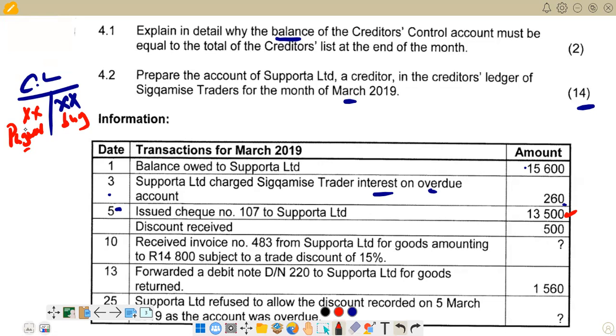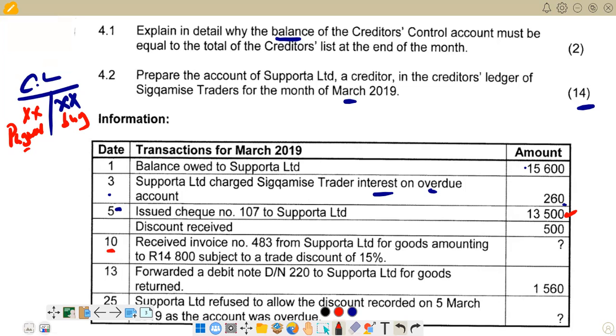Remember, discount received is an income account, and all income accounts are credited. So the double entry for discount received is that we credit the discount received account and debit the creditors ledger. So this 500 will also come on the debit side. Then we take note that the date is the 10th, so we can summarize that one.